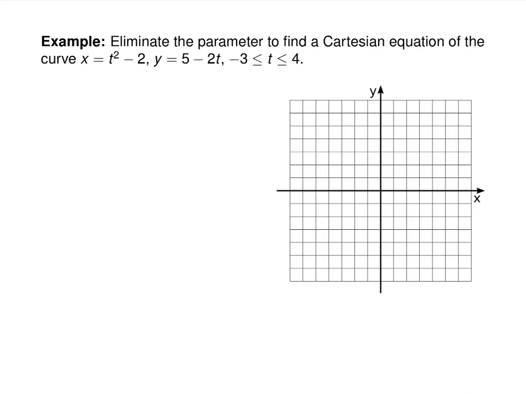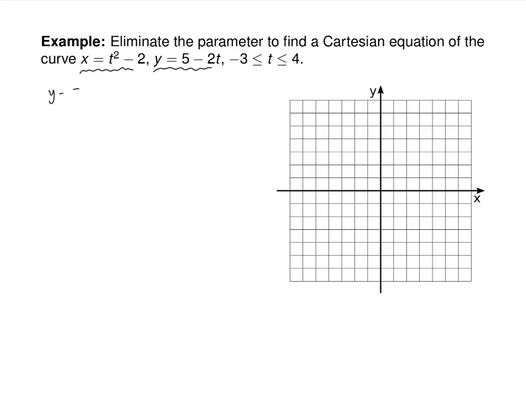You may also be given restrictions explicitly, and I think in that case it's actually best to graph the curve and see what the restrictions are on either the x or the y. Now you have two options here. You can either solve x for t, that's going to involve a square root, or you can solve y for t, which will not involve a square root. I think it's better to solve y for t.